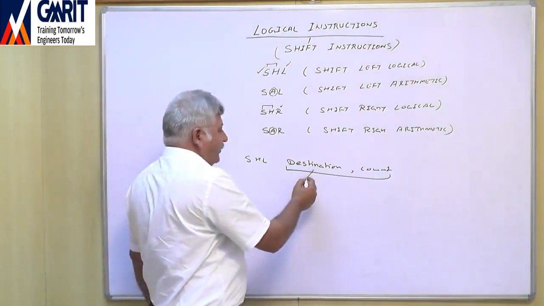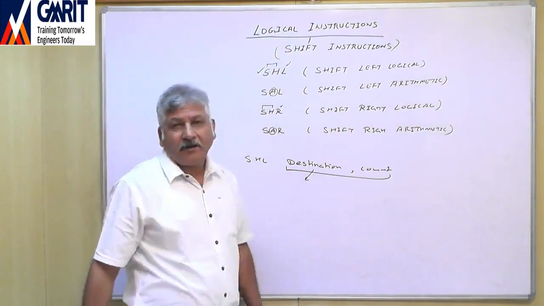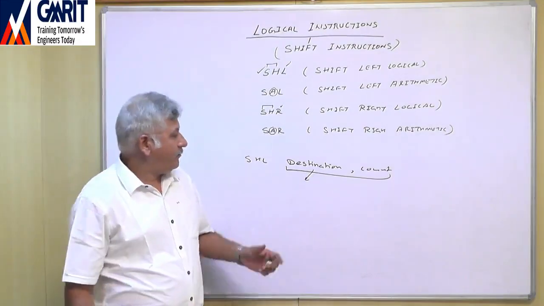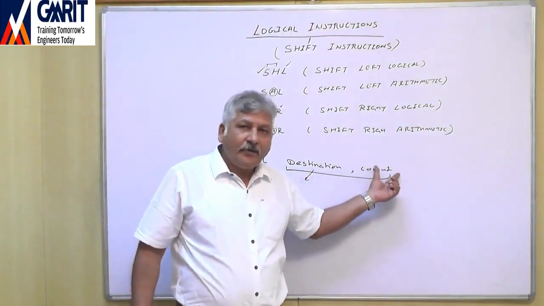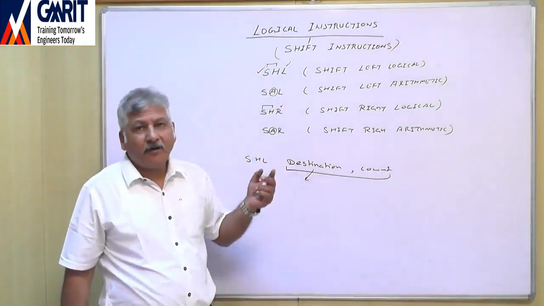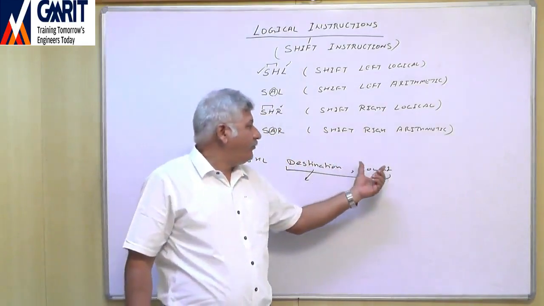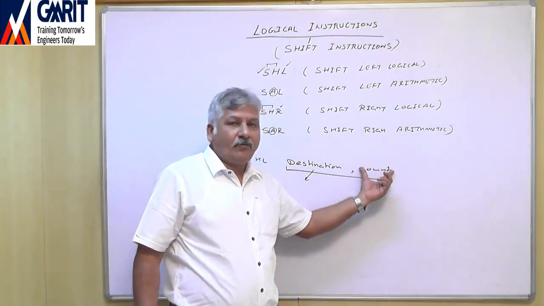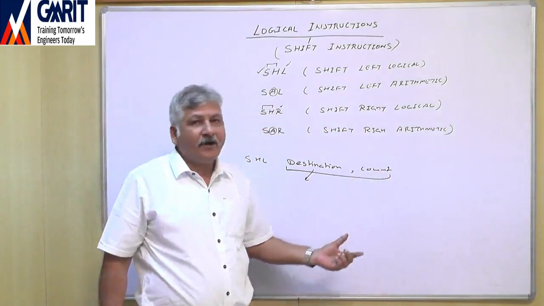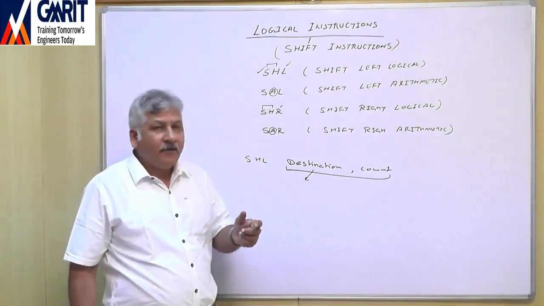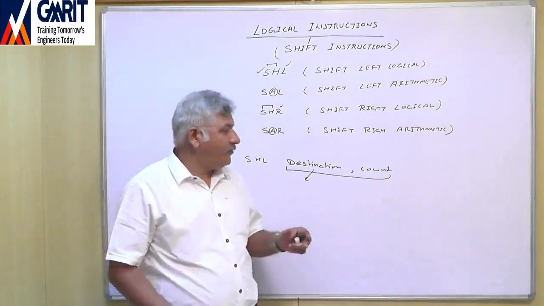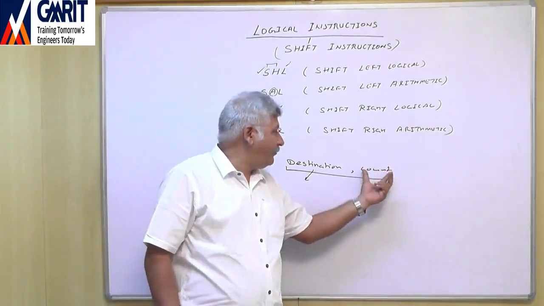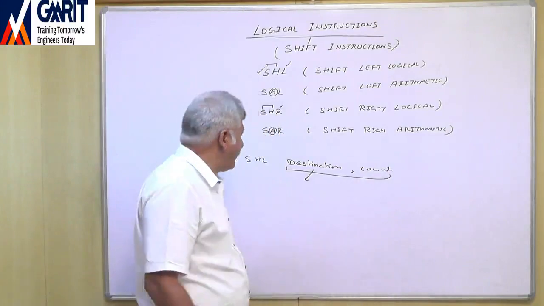The destination can be an 8-bit or 16-bit register, or the content of the memory can also be used. In case of count, if we are shifting the number by 1, then we write 1 in the count position. And if we are shifting the number more than once, then the total number of times we want to shift, that value we load in the CL register, and we place that at this position.